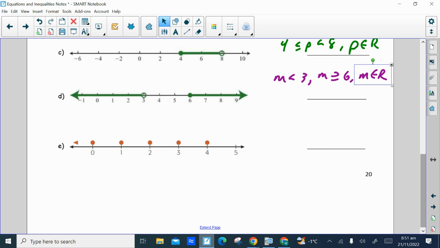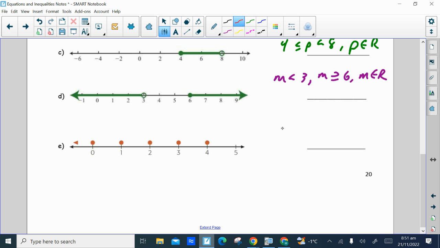So what's different about E is that you've got dots there. So now we're talking about integers. And you can see it goes from 4 down to 3, down to 2, down to 1, down to 0, and look where the arrow is. It continues to the left forever. So in this case, again, we can use any letter we want.